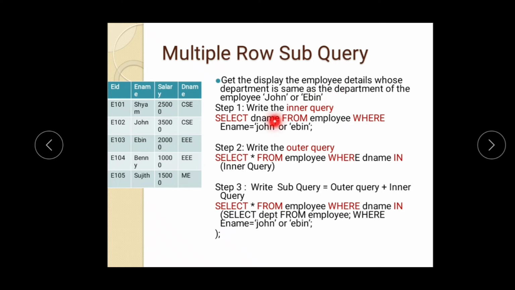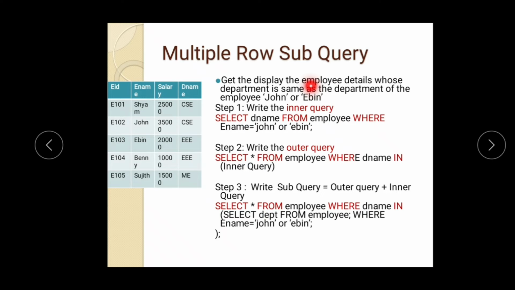So select department name from employee, where the table name is employee, where employee name equal to John or Eben. This is the inner query, and it will be executed first. Now the outer query.